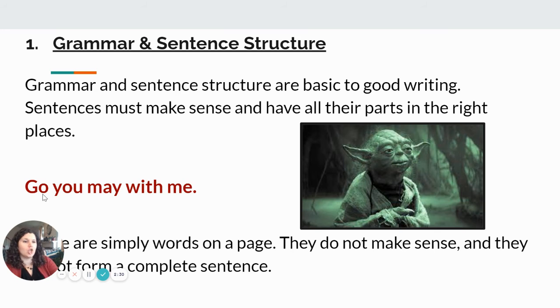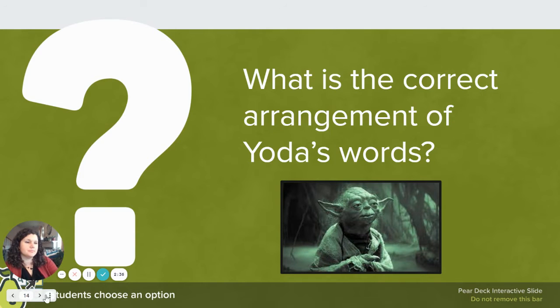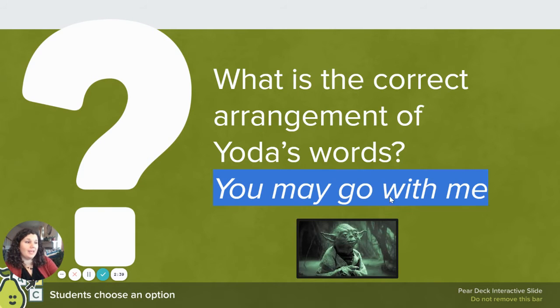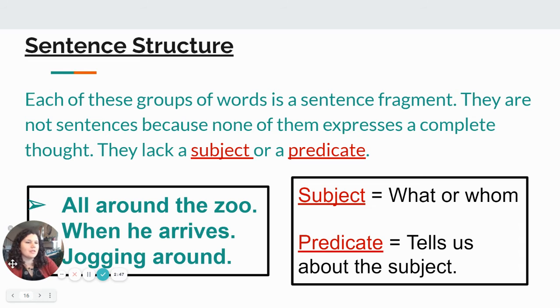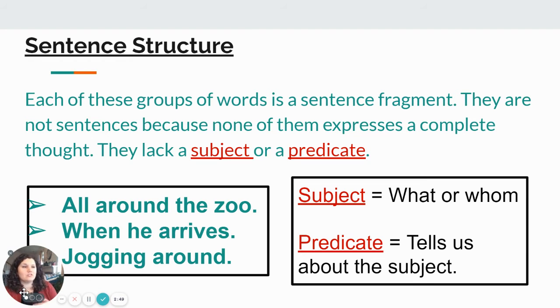So we had, "Go you may with me." Think about it. You may go with me is what he means. So he's telling Luke, you can come with me. It's okay.